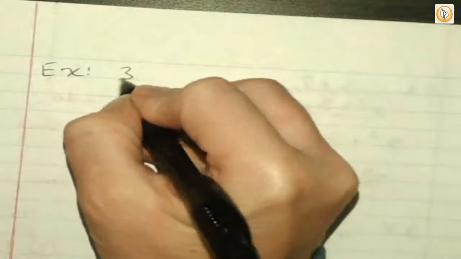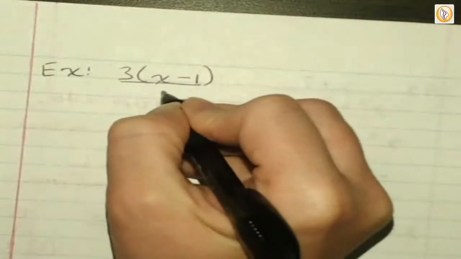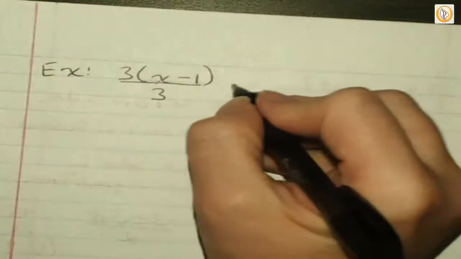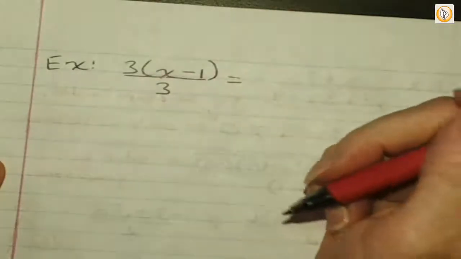Here's another one. Write it down. Write it down, Franz. All right, let's say we have that. Franz, write it down. Miranda, what can I do? Is there anything I can cancel out? A 3, right? Can these two cancel out?